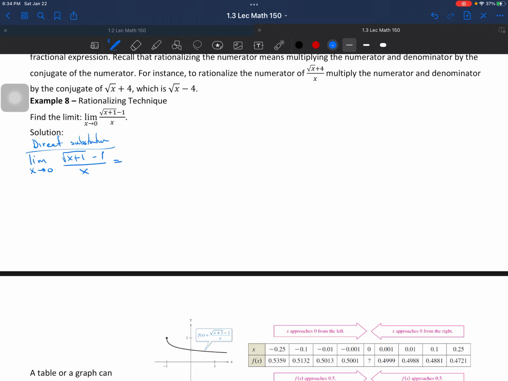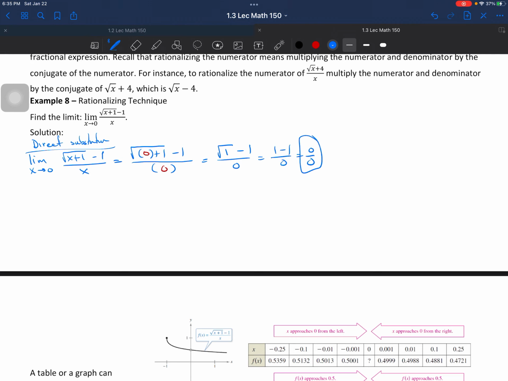So once you apply direct substitution, you can drop the limit notation. So 0, and this will be the square root of 1 minus 1 over 0, which is 1 minus 1 over 0, which is 0 over 0.